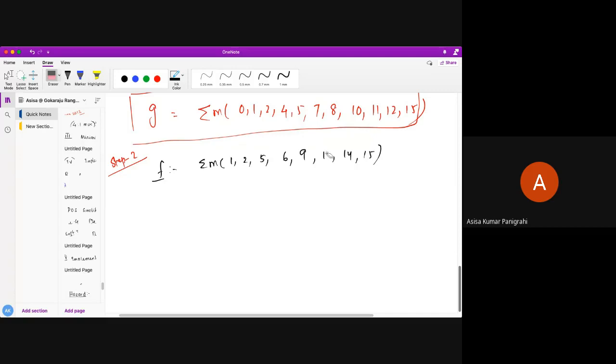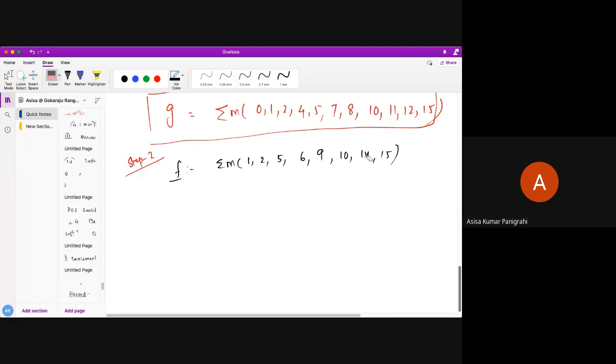So this is my 10. 6, 9, 10. After 10, what have we got? 12, 13. Why have I written 14, 15? 12, 13. So we have got 12, 13 finally. 10, 12, 13. So this is the function.